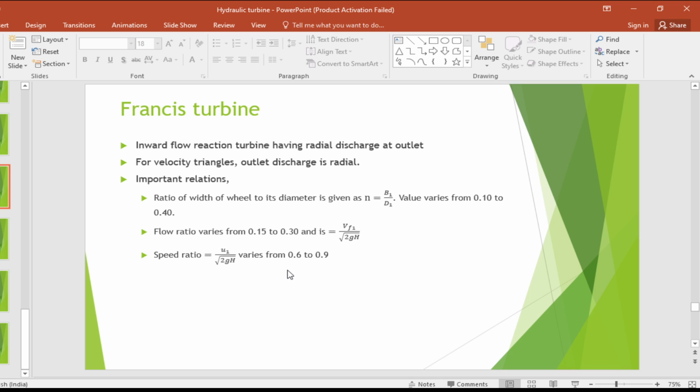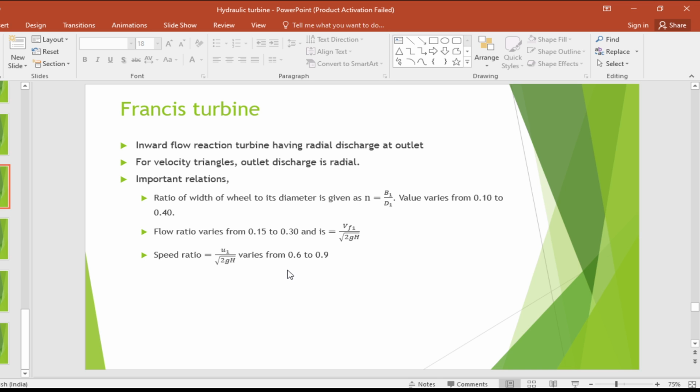This type of example or numerical we have covered in a previous video, so for velocity triangles you can see the diagrams of that. These are simple, you only have to consider beta 90 degrees and VW2 equals 0, as the discharge is radial at outlet.